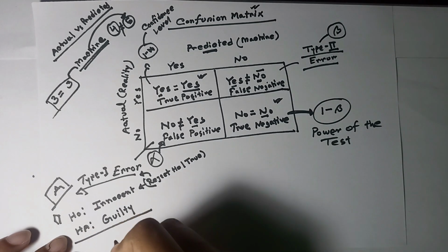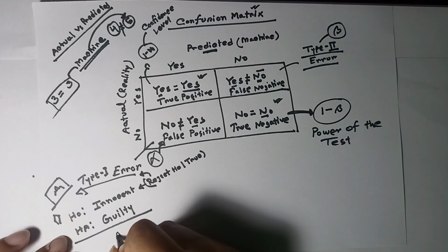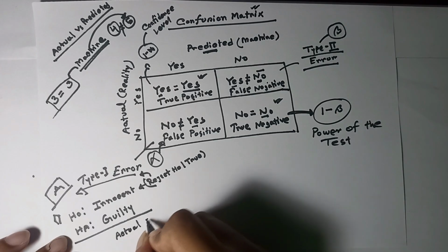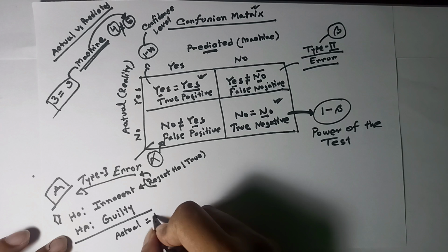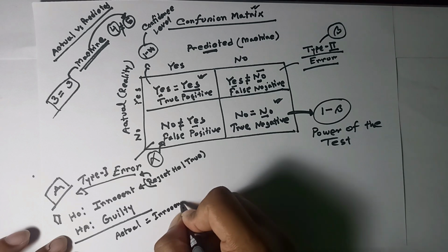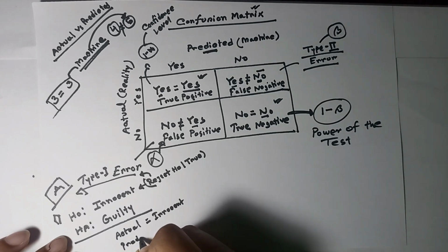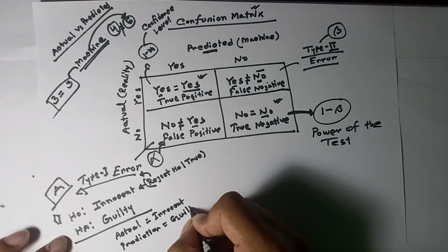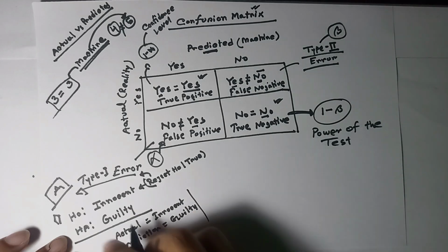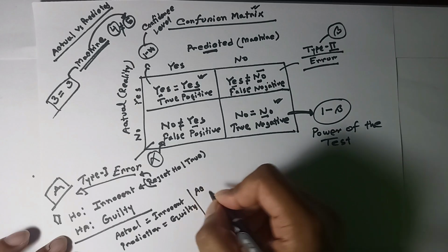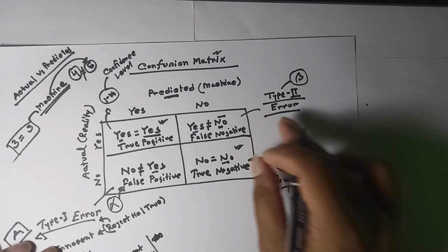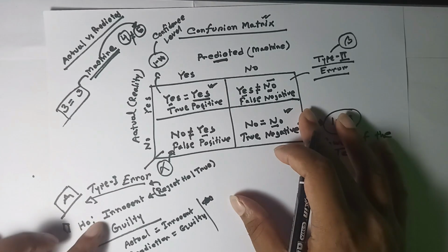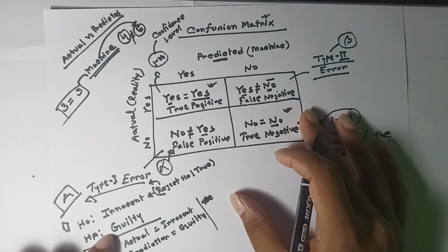What is the actual and the predicted case in this case? Say actually he was innocent, but the prediction is that he was guilty. That is the fact.